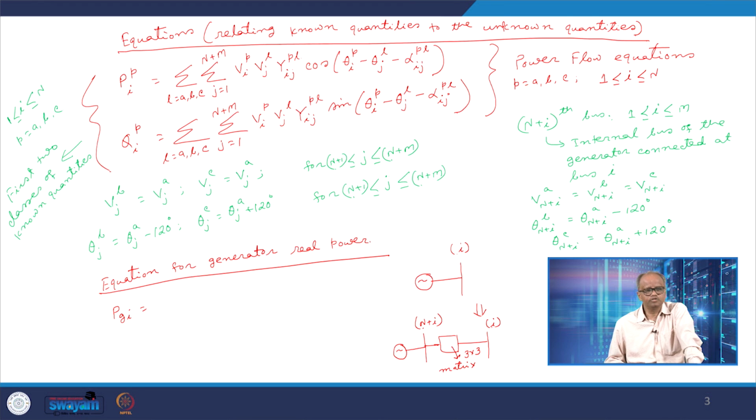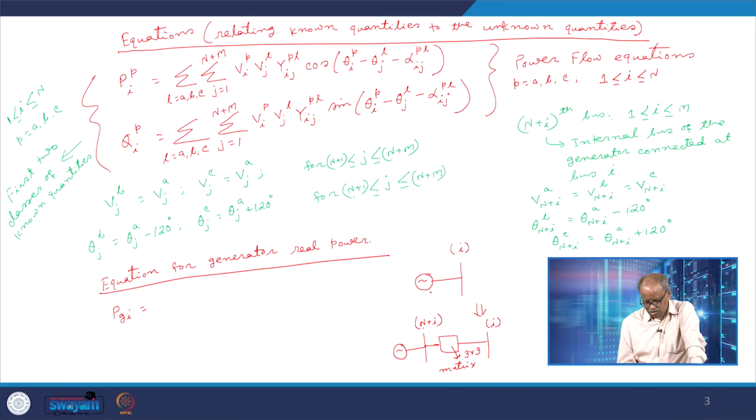Here we are assuming that the generator internal resistances are totally negligible, it is mostly reactive. So, this impedance is nothing but a matrix which is only representing the reactances. As a result, the total real power generated at this bus would ultimately proceed to bus I without any loss in between.